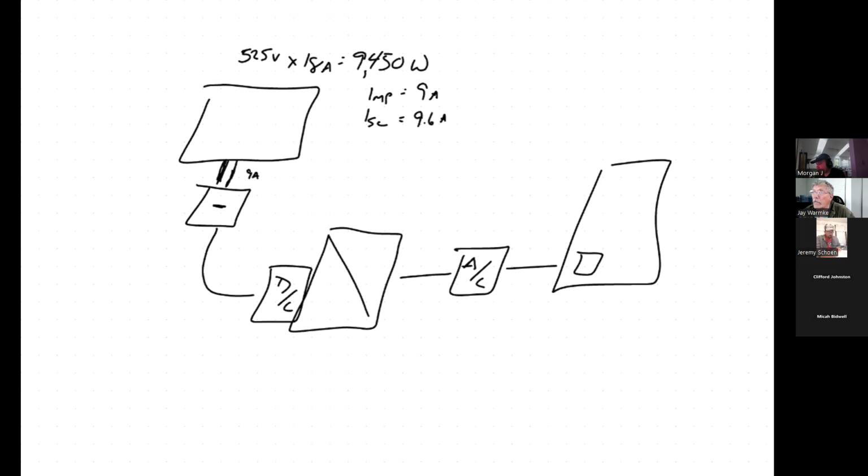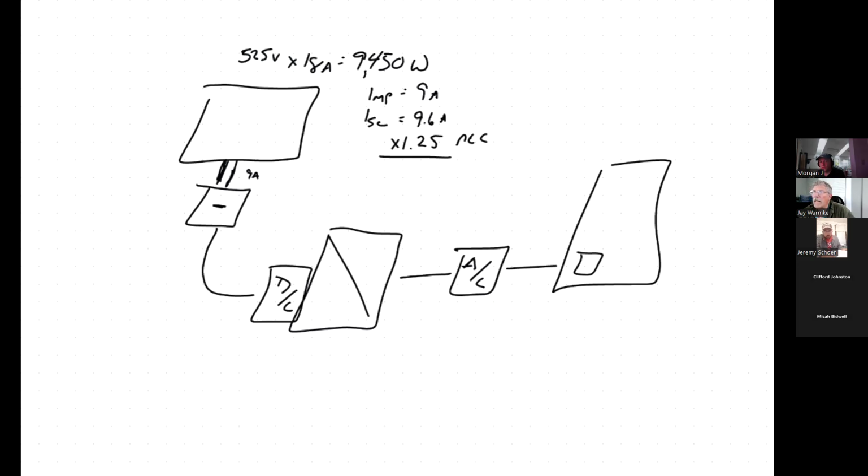That's the theoretical maximum, so that's the number we're going to be using when we're sizing our wire because it's the worst case scenario. Then the National Electrical Code says we want you to put a further safety margin of 1.25. So we take 9.6 times 1.25 and we get 12.